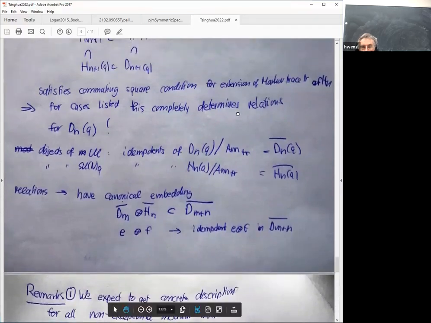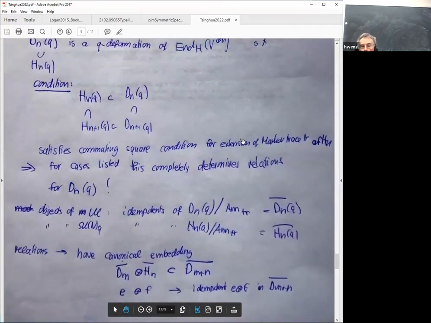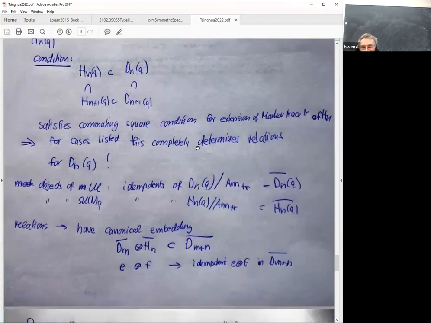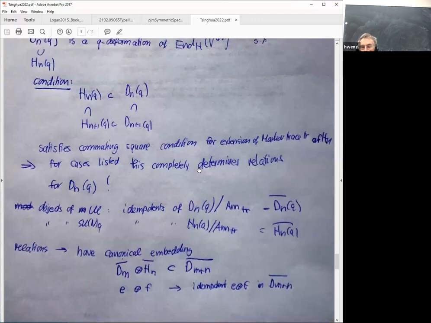So let's just wrap it up. We have now defined our D and Q. So then how do we construct the module category of our fusion category? This is again pretty straightforward.